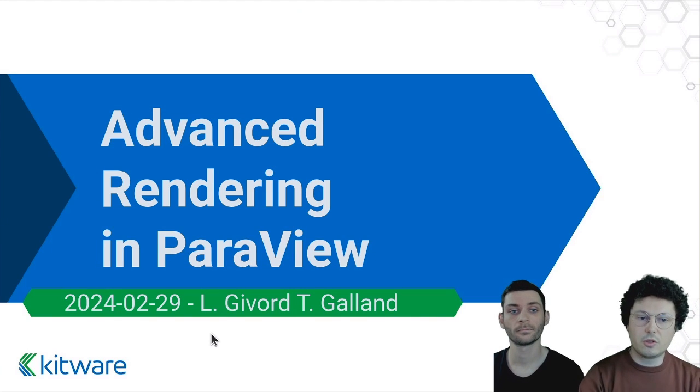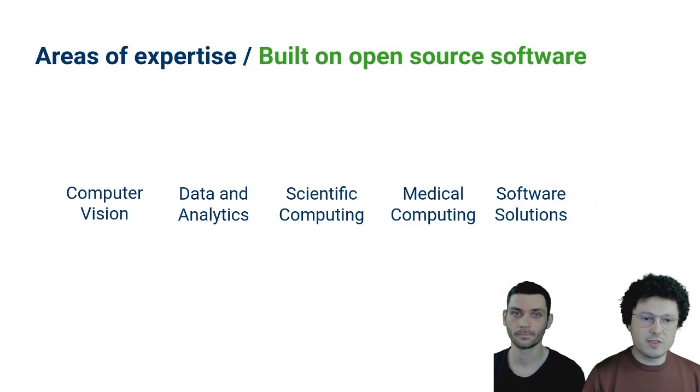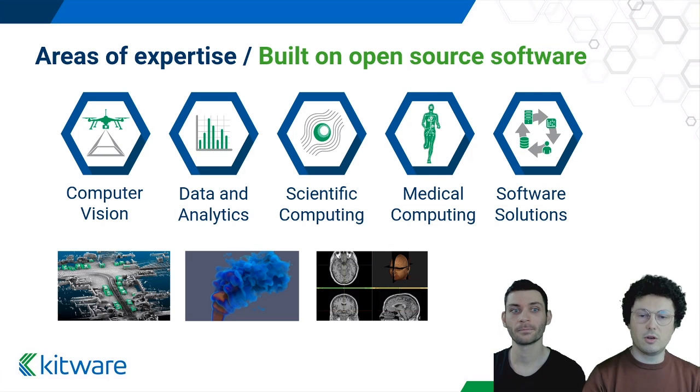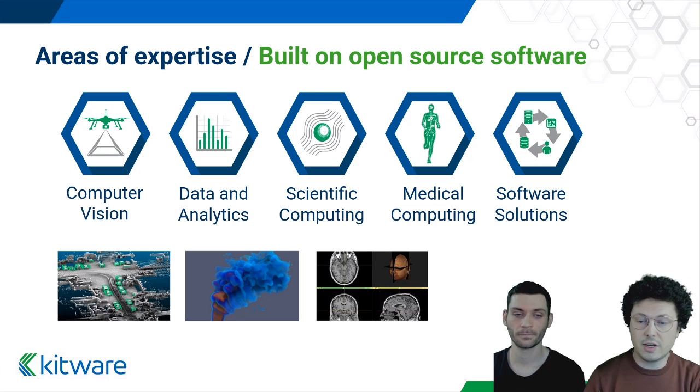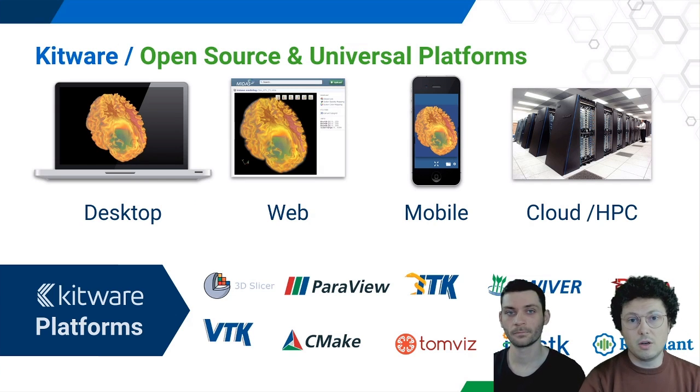Today we will talk about advanced rendering with ParaView. But before beginning with that, I will do a little presentation of what we do here at Kitware. At Kitware we work on different areas of expertise, like computer vision, data and analytics, scientific computing, medical computing, and software solutions. We work on open source solutions that can be developed on different platforms.